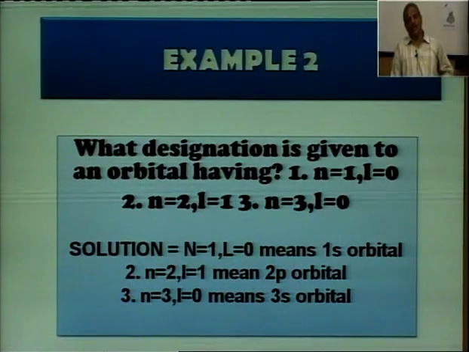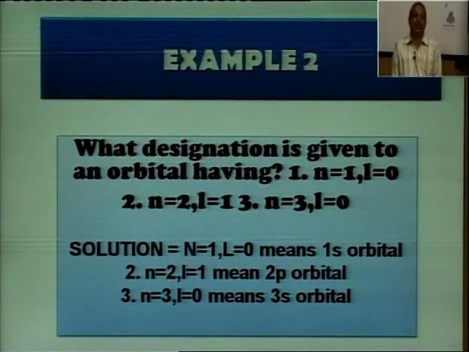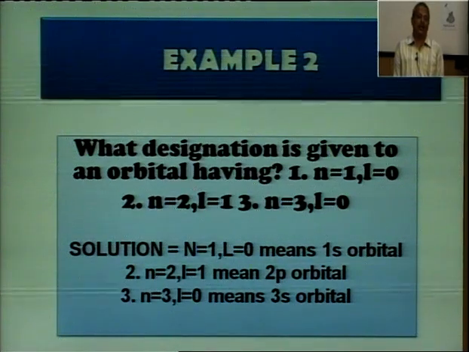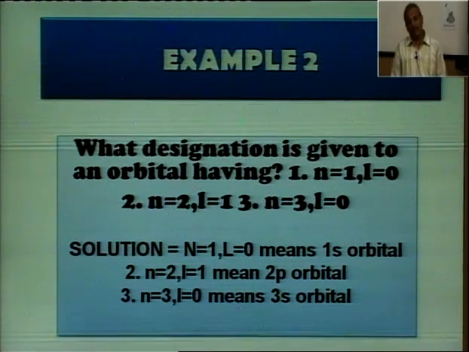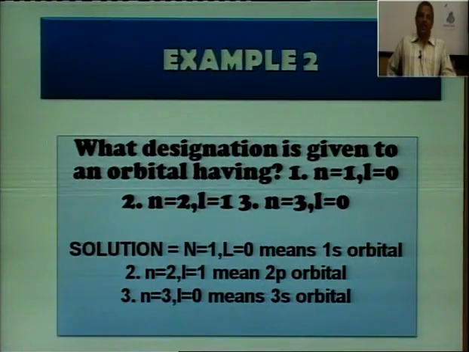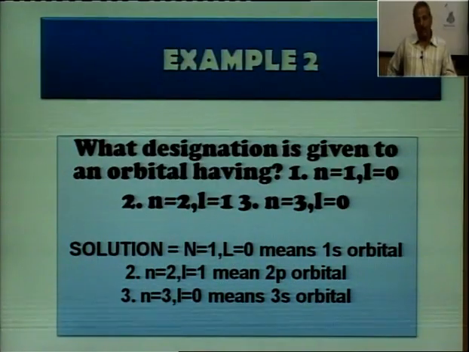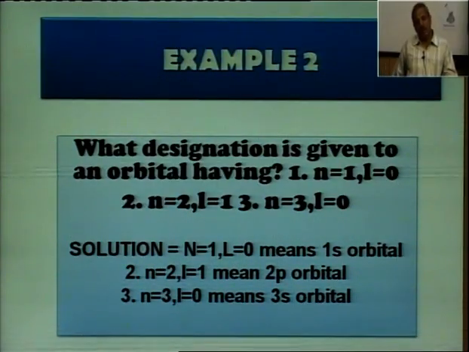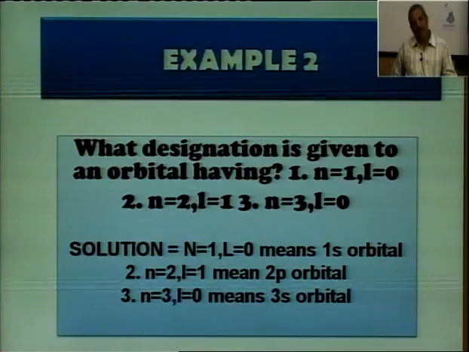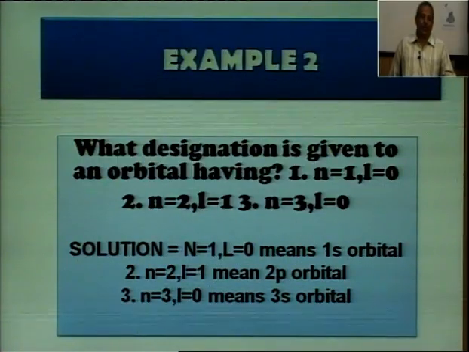So, the electron is revolving around the nucleus in the 1s orbital. M has no other value, because L is 0, so m is also 0. The second question is that n is 2 and L is 1. So, where is the electron?